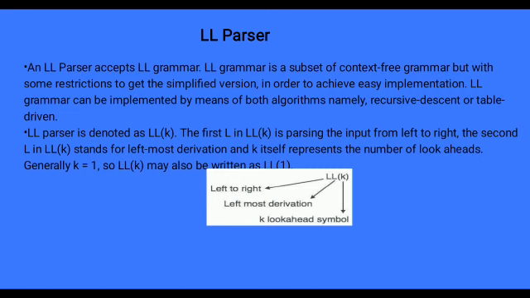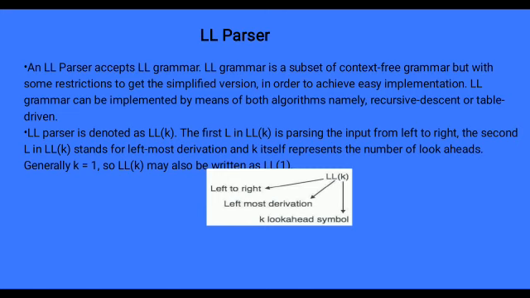The first L in LL(k) is parsing the input from left to right, the second L stands for leftmost derivation, and k itself represents the number of lookaheads. Generally k equals 1, so it may be written as LL(1).